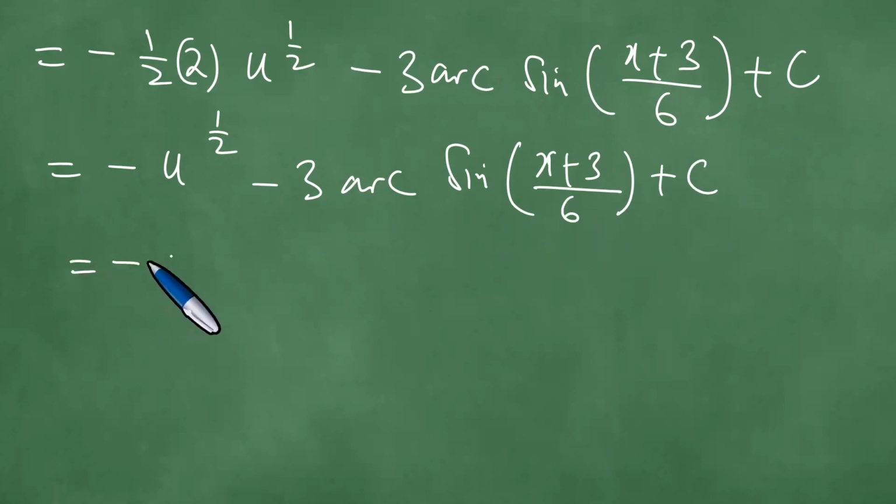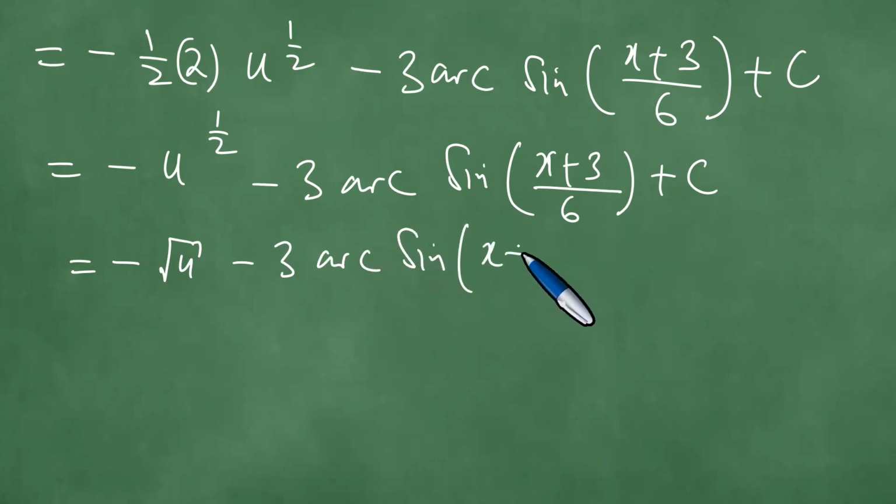Okay, this is minus the square root of u minus 3 arc sine of x plus 3 out of 6. What is u?